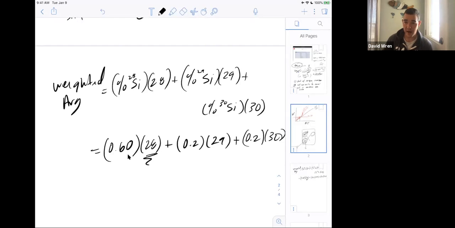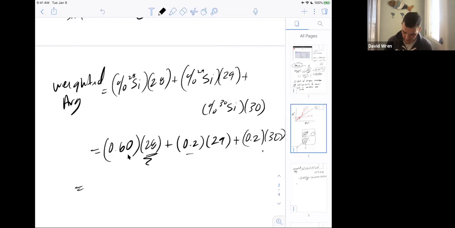Because I can't add up all the masses of all the different silicon in my sample. I'm going to say, on average, it's probably going to be this mass if I have a bunch of them. If you multiply 28 by 0.6 plus 29 by 0.2 and so on, you should get a number that looks very similar. So that's all that the PhET sim is doing.